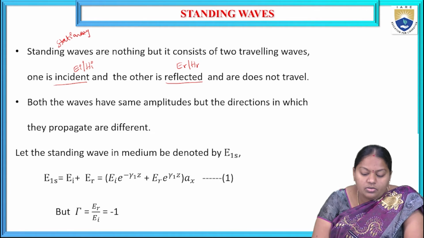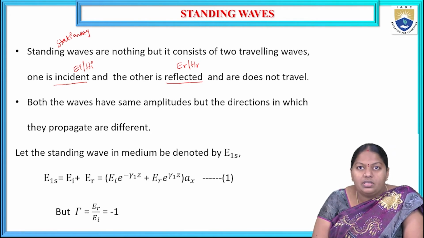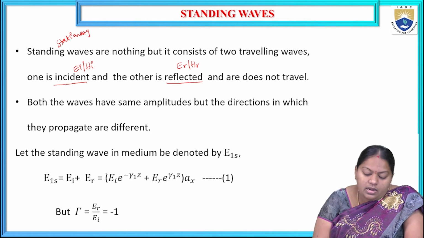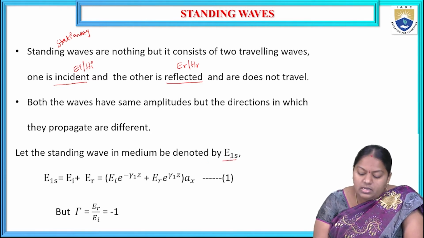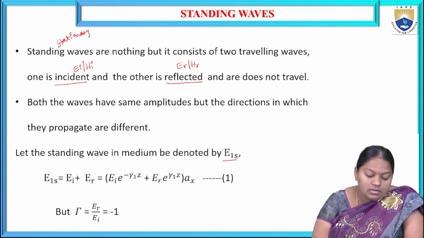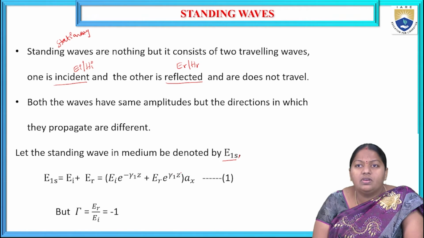So next, now to write the mathematical equation for the standing waves. Let the standing wave in medium 1 be denoted with E1S. E1 is the notation for the electric field present in medium 1 and S is for standing wave, right? Why have we considered E1S only?